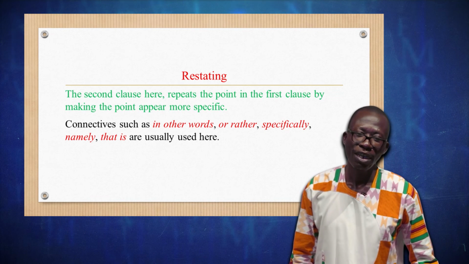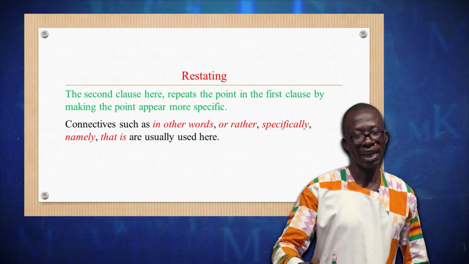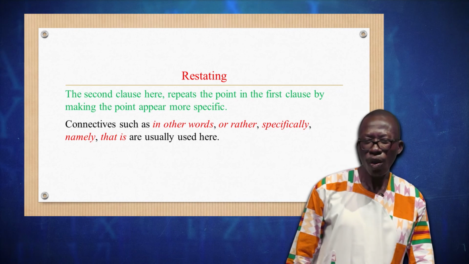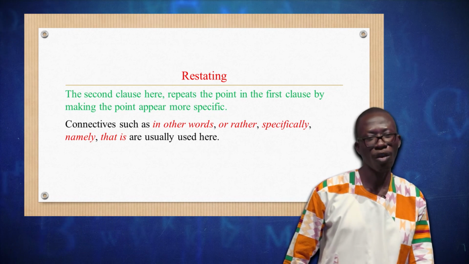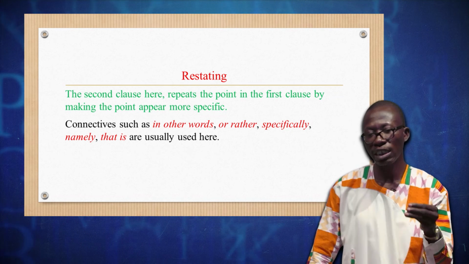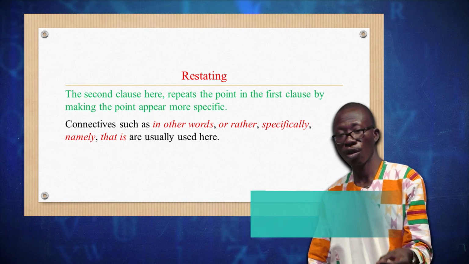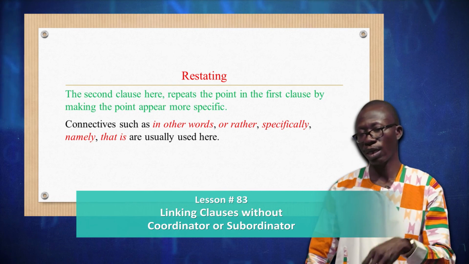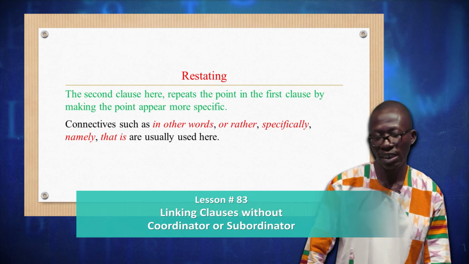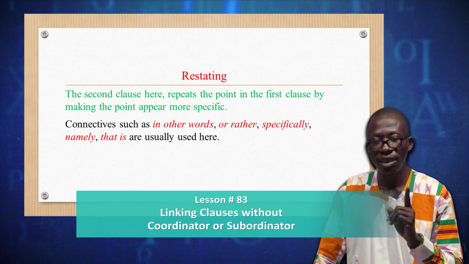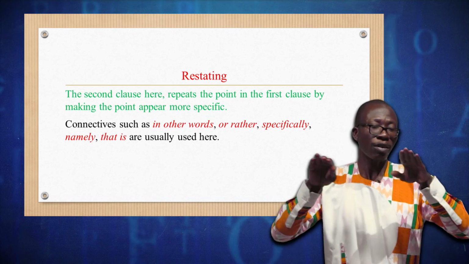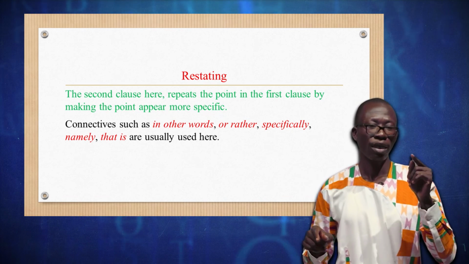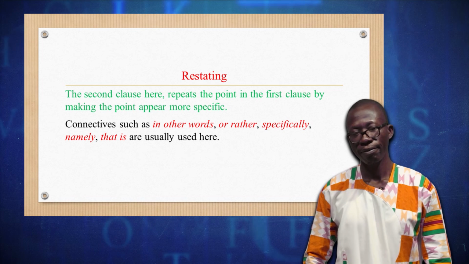Then, in making us understand this further, we said that it is not only under compound or complex sentences that you establish connection between your clauses by using subordinators and coordinators. That is not the only option available to us, but you can establish connection between your clauses by another method.